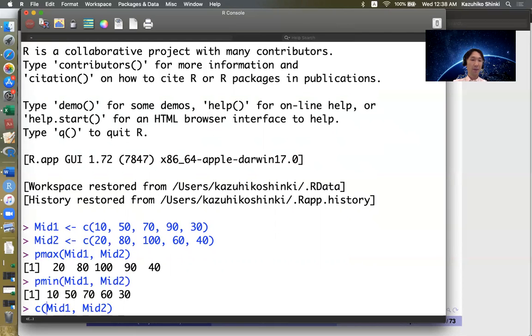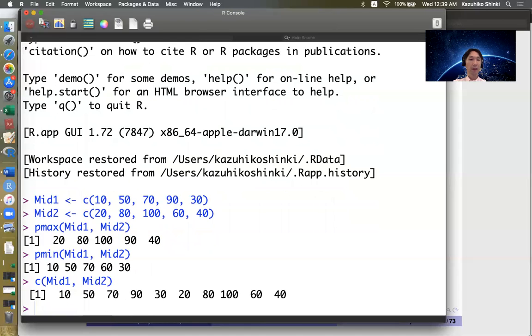So mid1 is a vector and mid2 is a vector. If we combine two vectors, it is not just one vector, but actually R works in that way. So if you combine two vectors, then it becomes a larger vector.